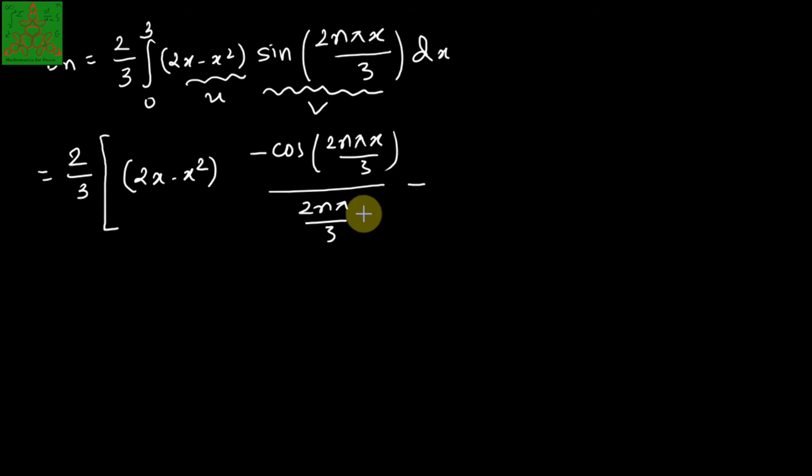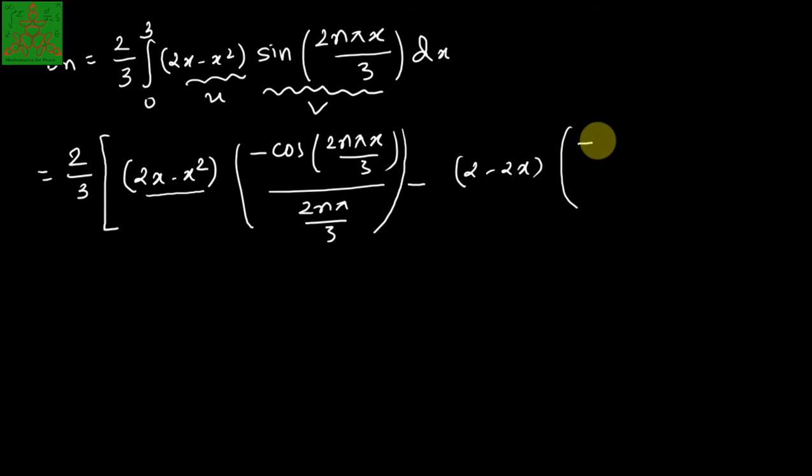Then it is minus. So this is the first integration you will have. The derivative of this quantity will be 2 minus 2x. The integration of this quantity will be minus sine 2n pi x upon 3 upon (2n pi by 3) square.